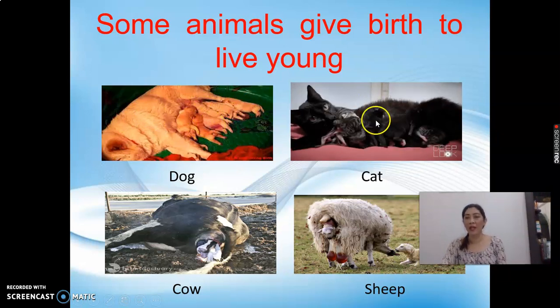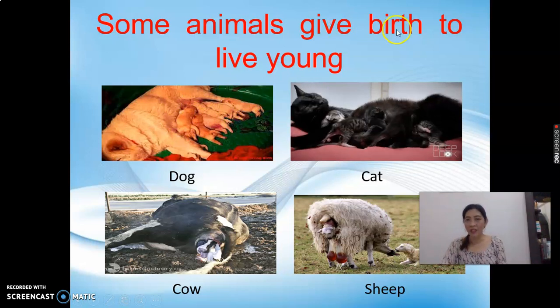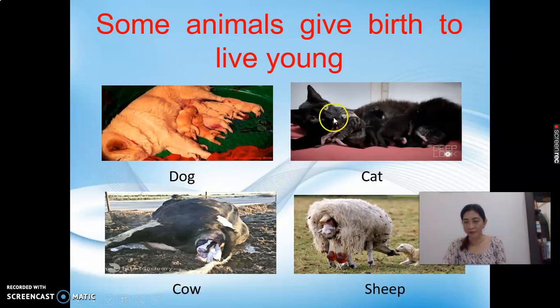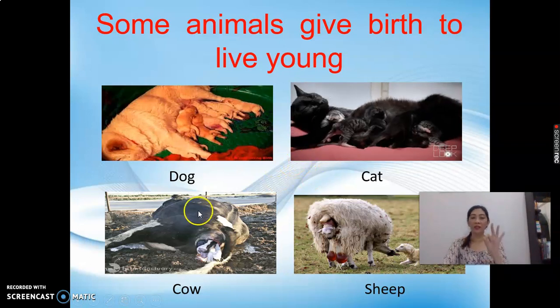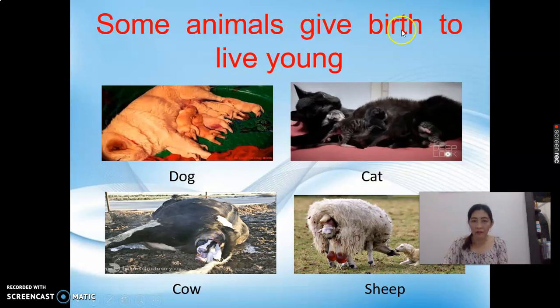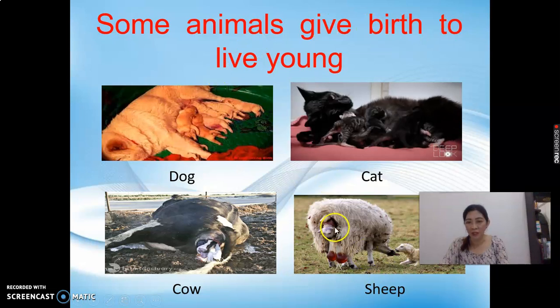So the next is cat. The cat gives birth to live young. And the third is cow. Cow is an animal that gives birth to live young. And the fourth is sheep.